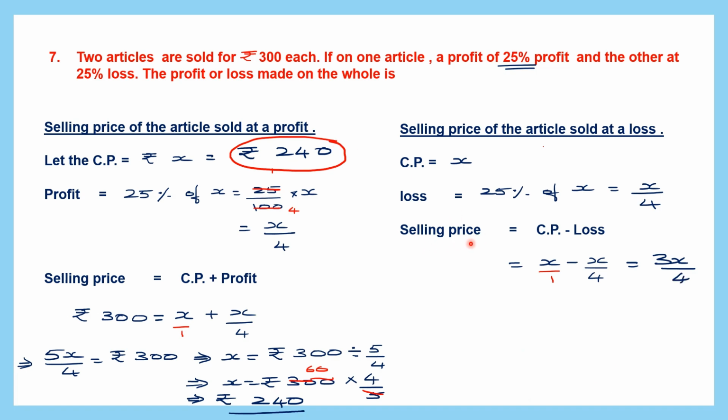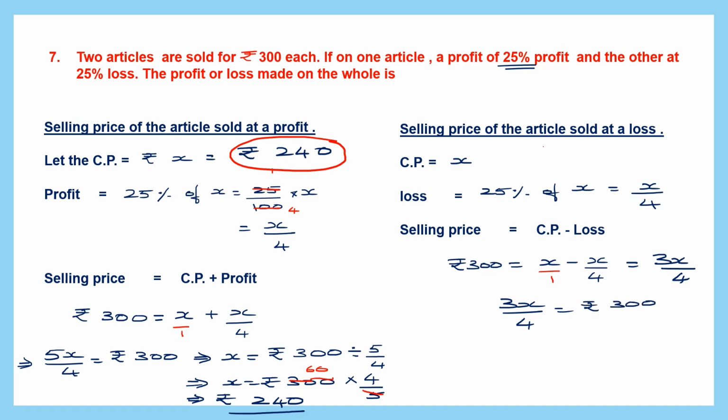Now we already know the selling price is given to us, 300 each. So selling price is 300. So 300 rupees. So now we can find the value of X here by using this. So let's say 3X by 4 is equal to 300 rupees.